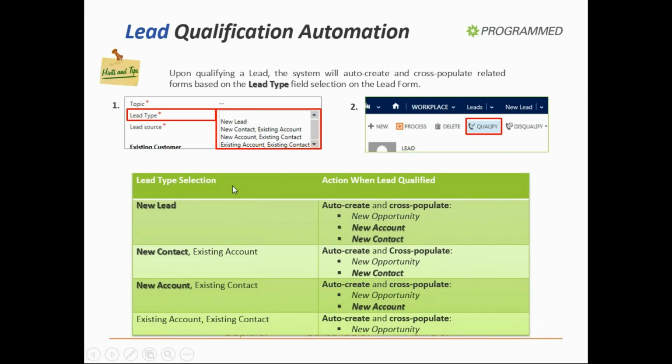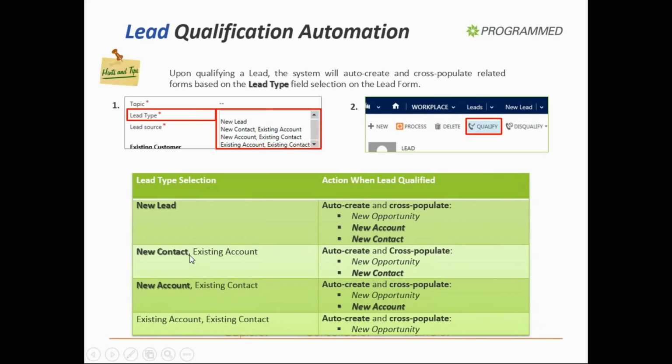So let's say I selected that this was a new lead where the account and contact do not exist in the system, it will automatically create the account, contact and opportunity records and cross-populate it for me when I hit that qualify button, and the lead will automatically transition through to an opportunity.